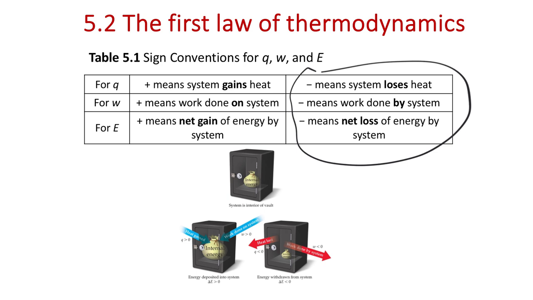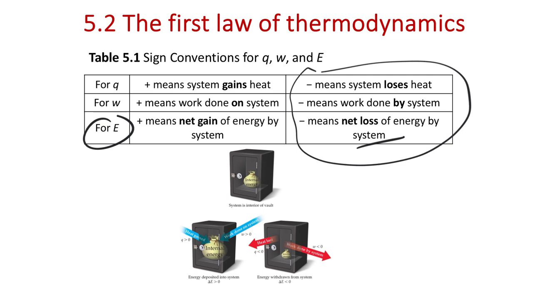And so the idea here, let's look at E first. A net loss of energy by the system to me is usually a reaction. So early on in chapter 5, a lot of times we talk about system versus surroundings. And I like to think of it as a chemical reaction occurring in some sort of a container. We'll talk about different types of containers in a few moments, but generally a reaction is our system.